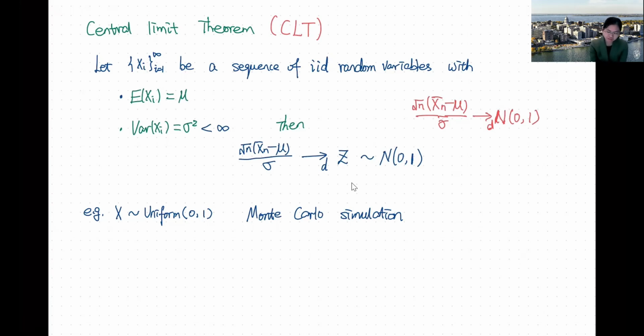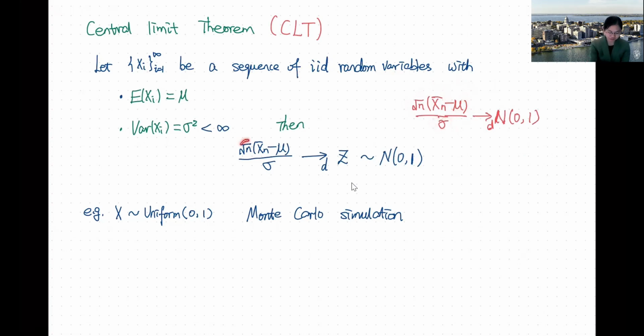So you might be wondering, why don't we just use X bar converges in distribution to something? Why do we have this root n, this minus mu, this sigma? The idea is simple.